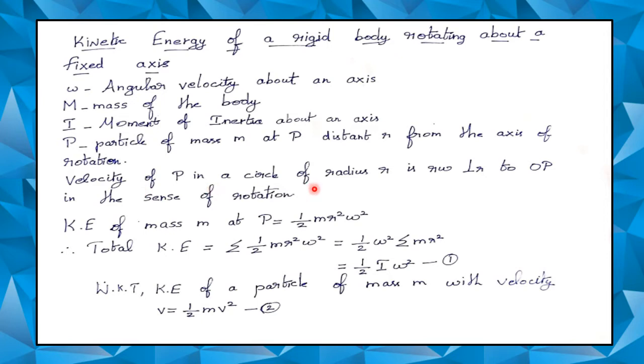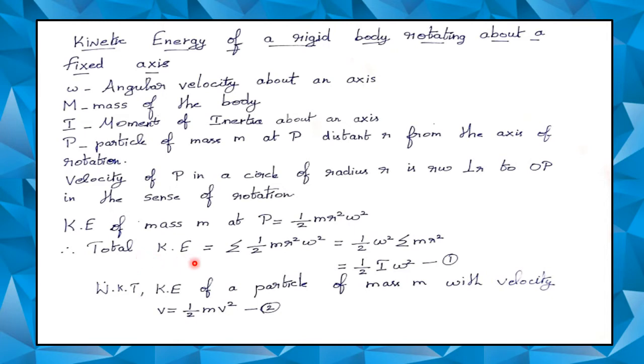The linear velocity in a circle of radius r is given by radius into angular velocity, that is r into omega. So the kinetic energy of mass m at the particle P is equal to half m velocity square, that is half m r square omega square.